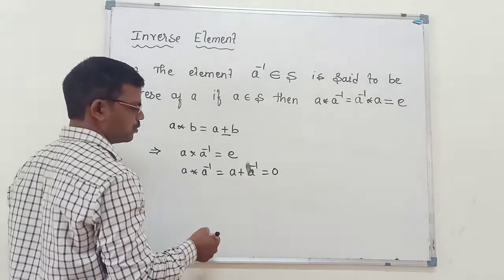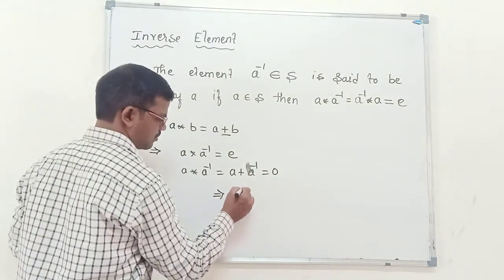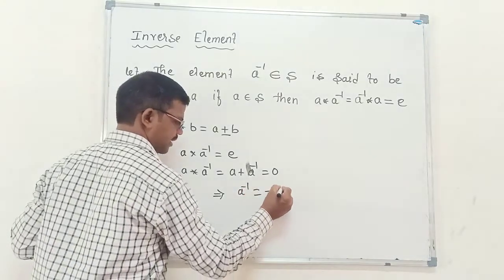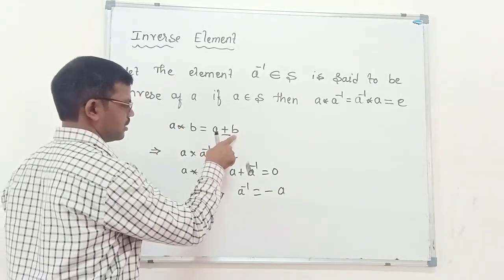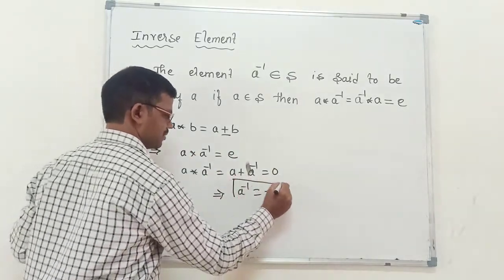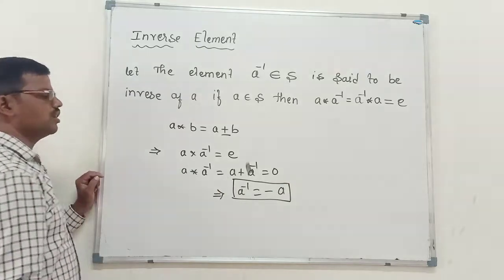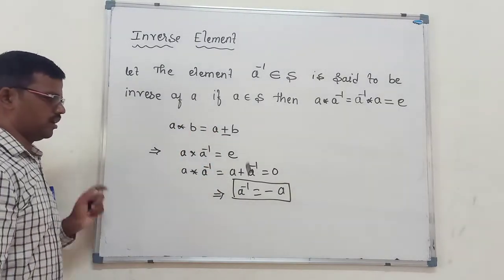So 0 is the additive identity. So it implies that A inverse is equal to minus A. If we add minus A with A, we get 0. So this will become the inverse of A for this corresponding operation.